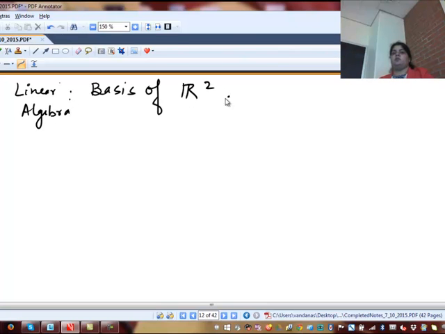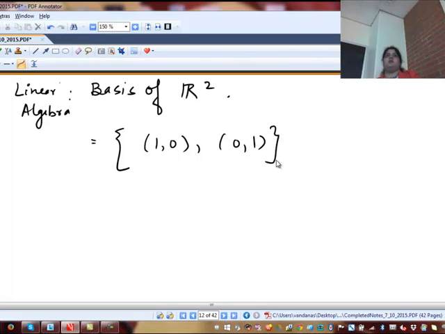Can you give me a basis of R2? Just one basis, there are many bases possible. Is this a basis? Right? So basis means a linearly independent set which spans the whole R2.